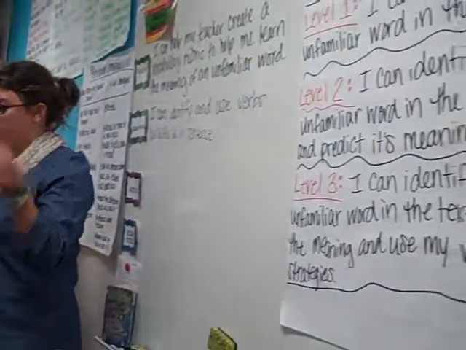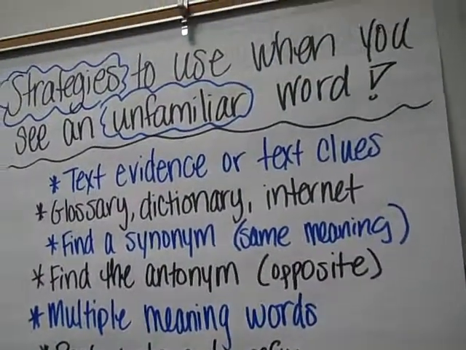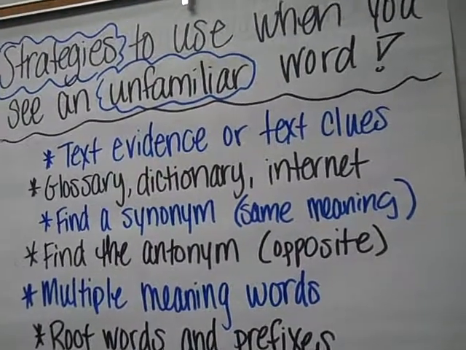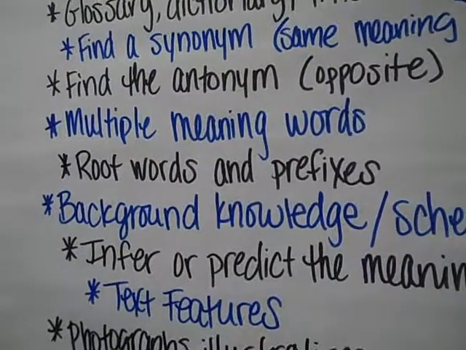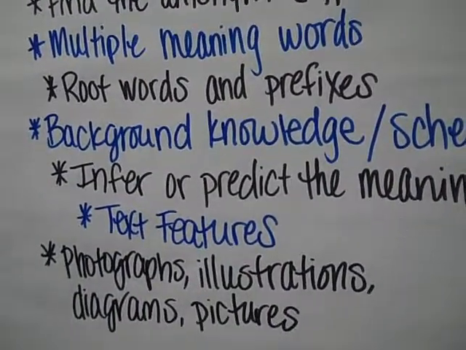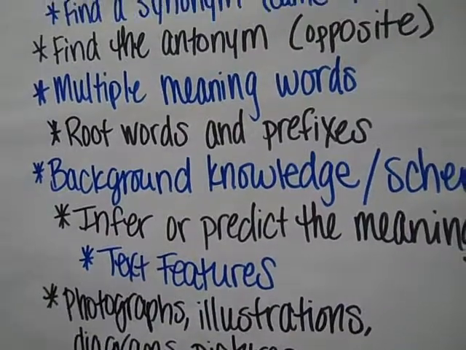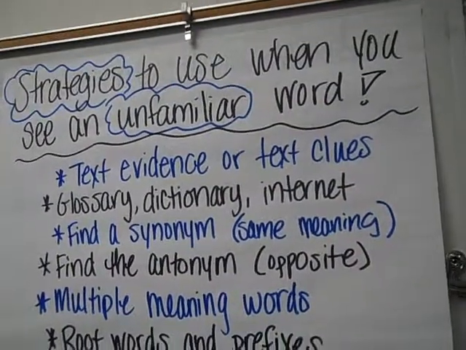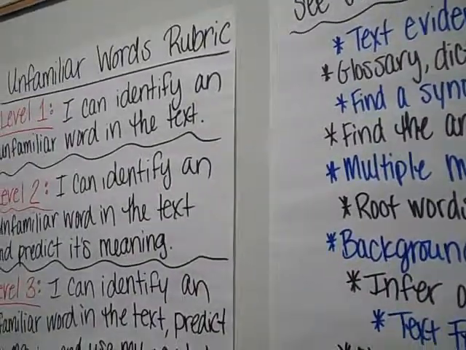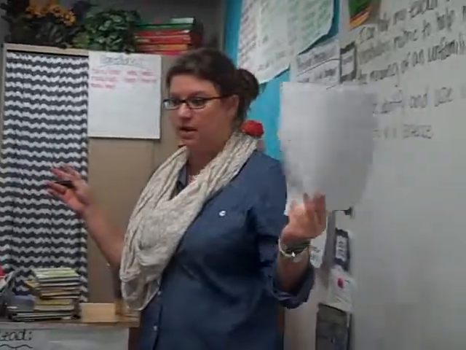So you would pick out a word from the text, infer, predict, guess the meaning, and then check your work with one of these awesome strategies, like finding a synonym in the book, inferring, using your background knowledge, maybe looking at prefixes, any one of those awesome strategies. Who thinks they know how we can take this even further above and beyond to a level 4?